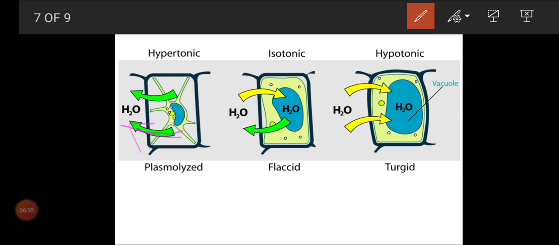This we call a hypertonic solution. And isotonic means there is no movement inside or outside. And hypotonic means when we keep a raisin inside water, normally water will move from outside to the inner side. So this one we call a hypotonic solution.